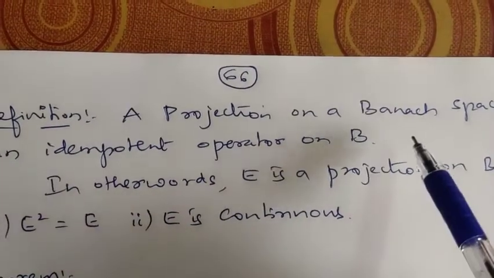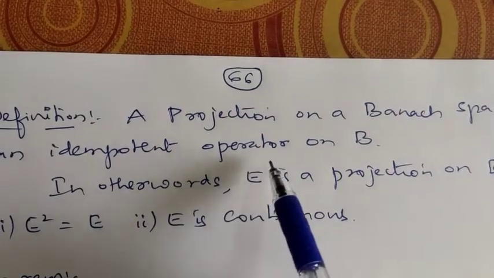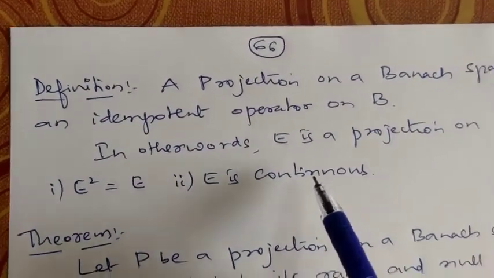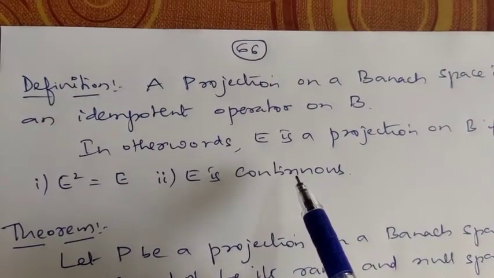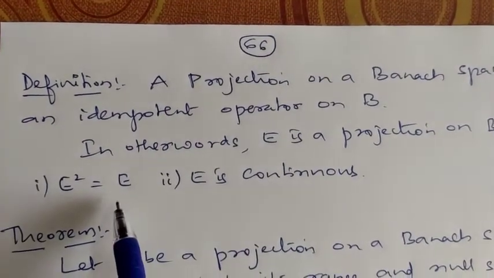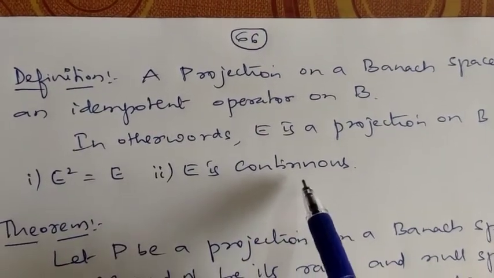So to have a map E defined on the Banach space B to be a projection, it is idempotent as well as continuous.